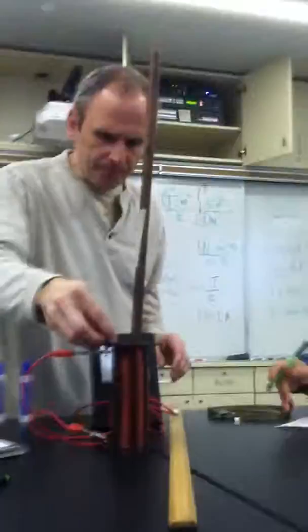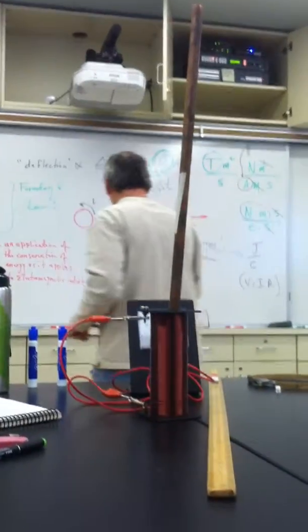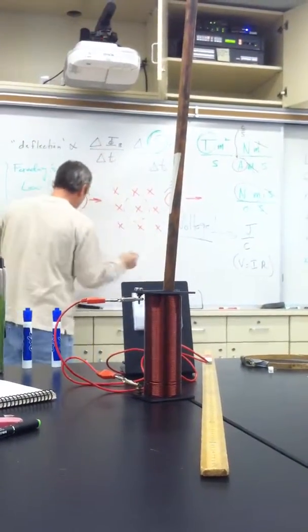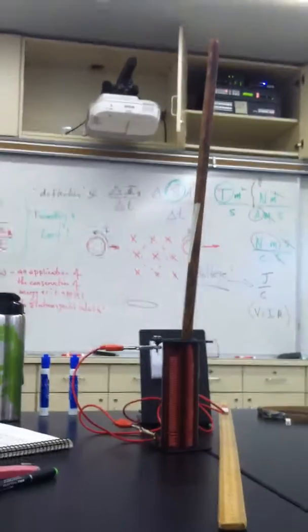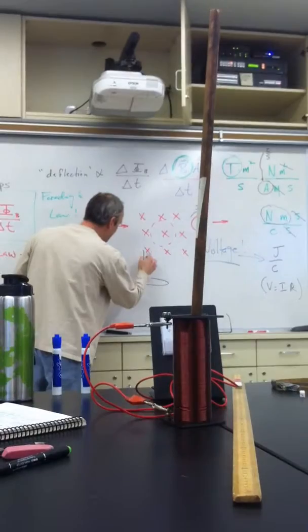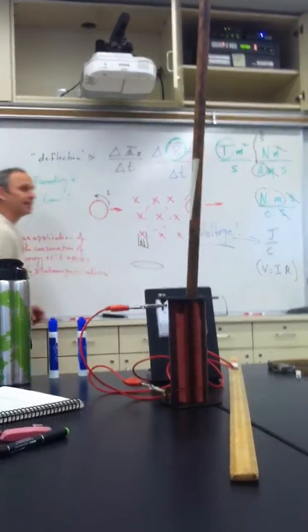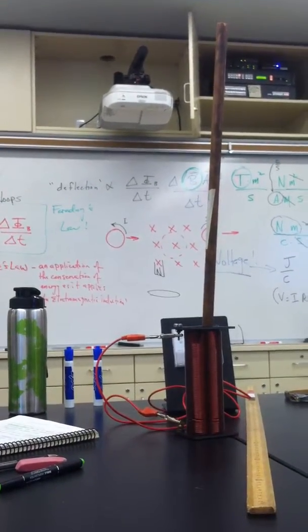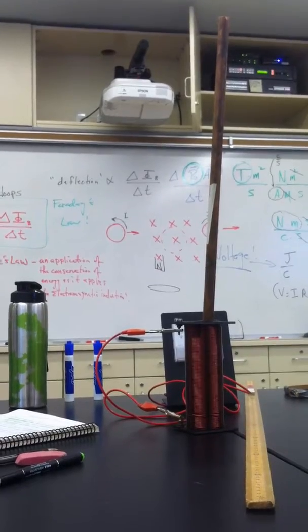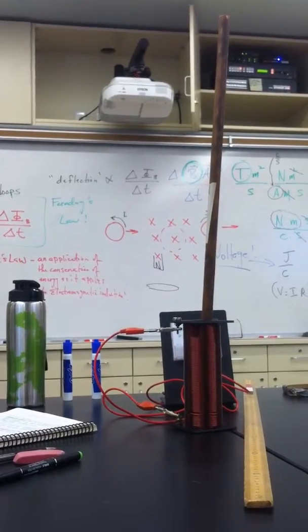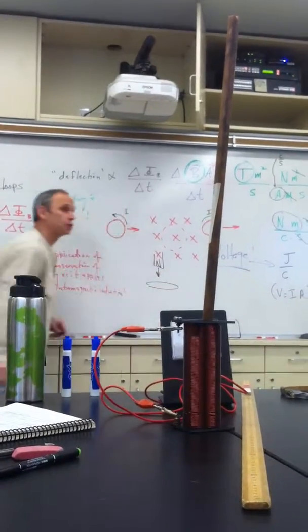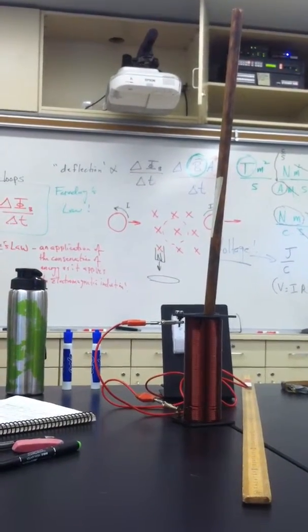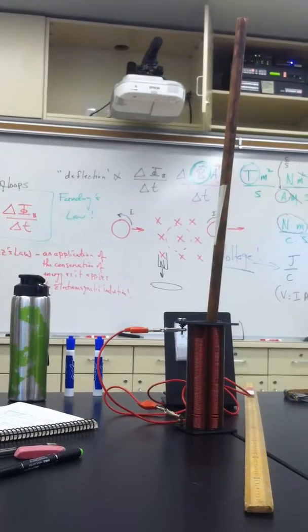Here's my coil. Here's one coil. If we drop a magnet, the north end of a magnet in here like this, watch this very carefully because I'm going to show you this demo that's going to stun you. If I introduce this north end to a loop like this, let's apply Lenz's law to it.